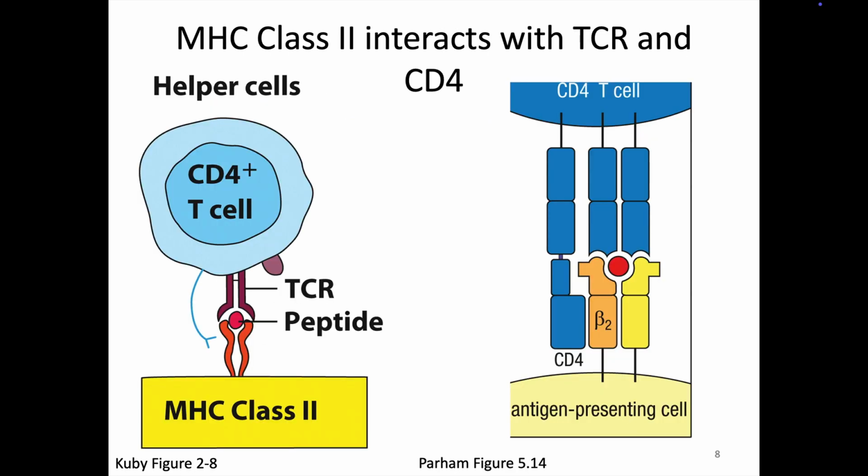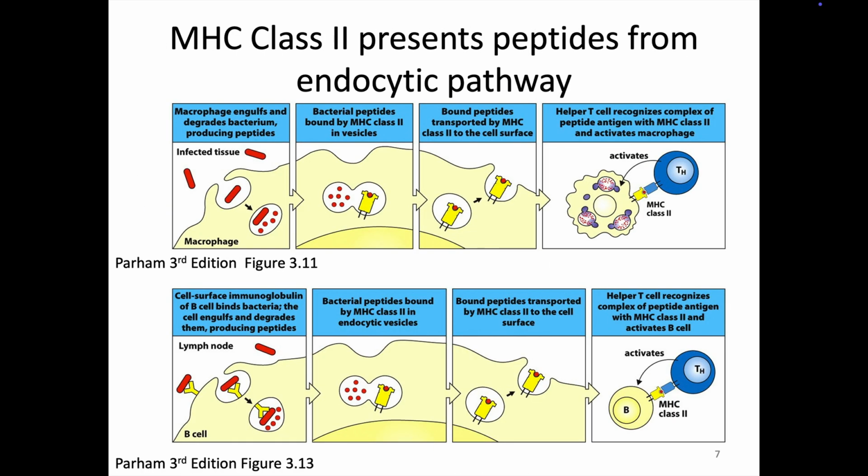And the CD4 T cells, if you remember, are the helper T cells. They're the ones who make cytokines to help out other cells. They don't kill other cells.